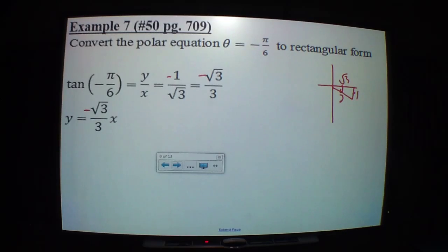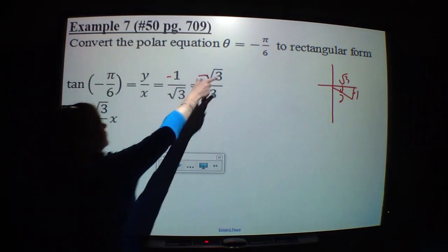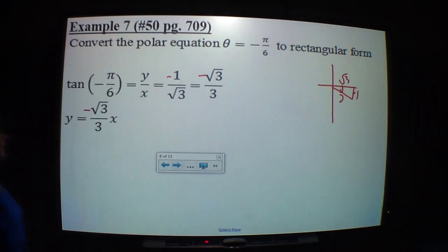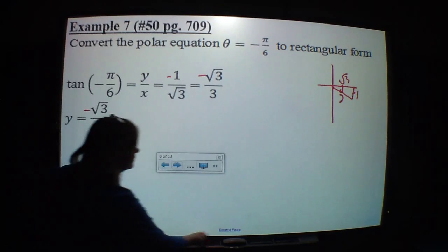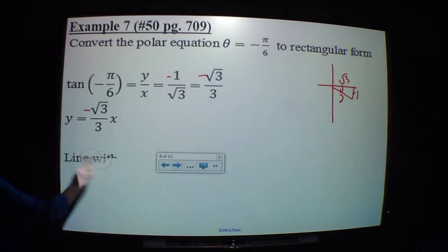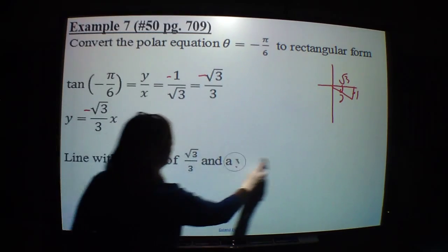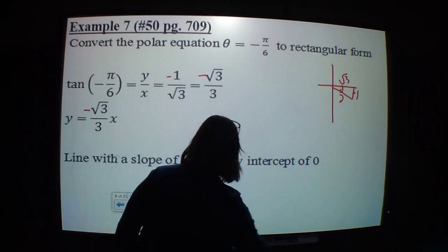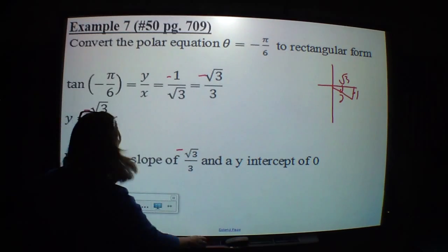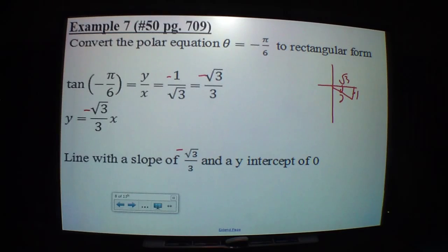Y over x is equal to this, multiply each side by x, and there's your equation. Okay? It's a line with a slope of negative radical 3/3 and a y-intercept of 0. And you're done.